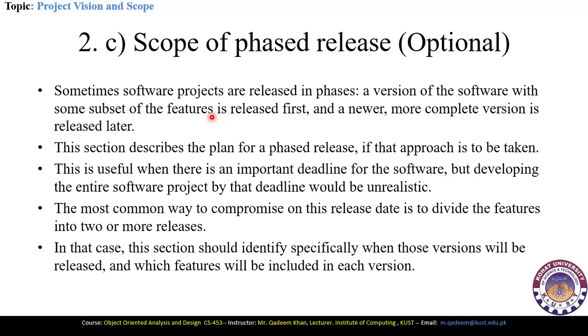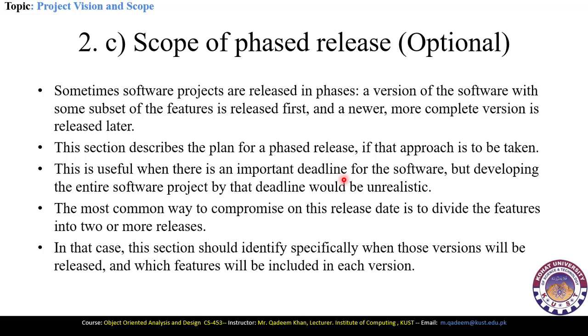This section contains a complete plan of the phase release. This approach is useful when there are important deadlines for software, but developing the entire software project by that deadline would be unrealistic. So if you want to achieve the deadlines, then the scope of phase release is very important.